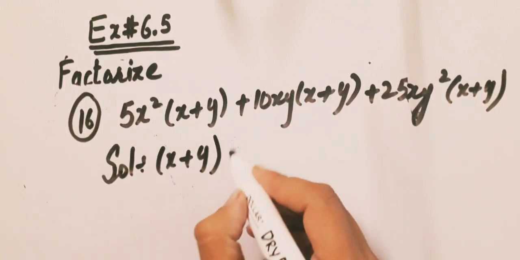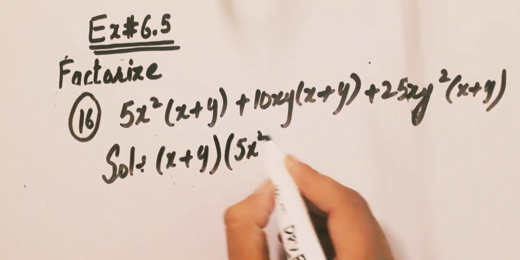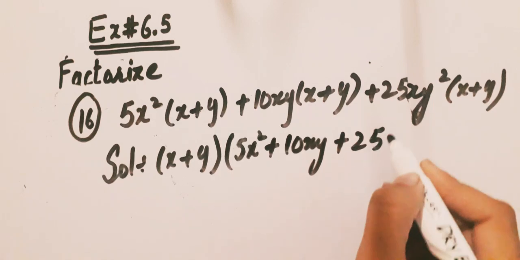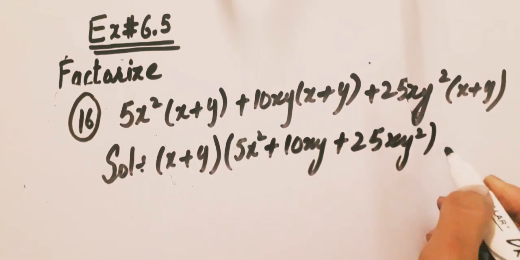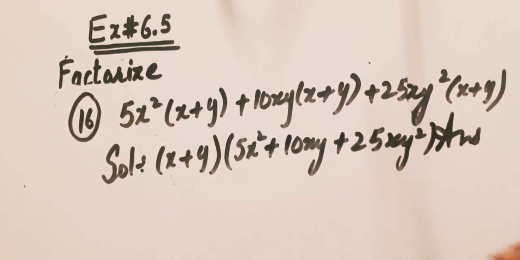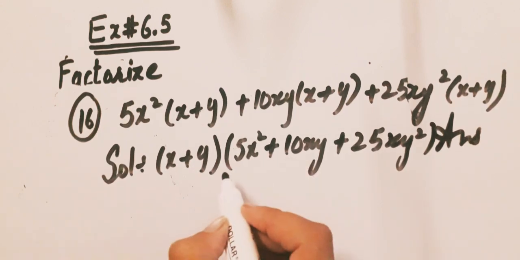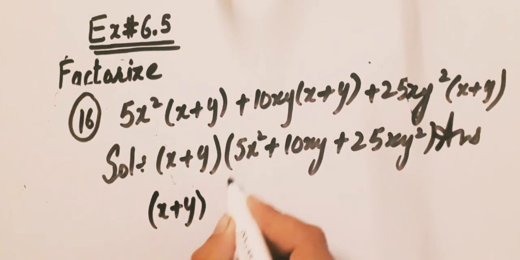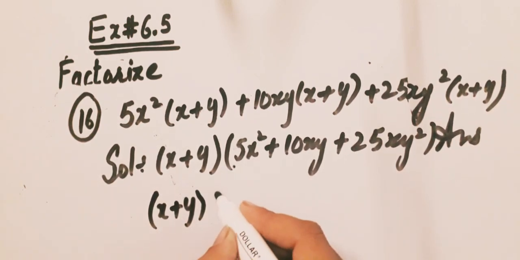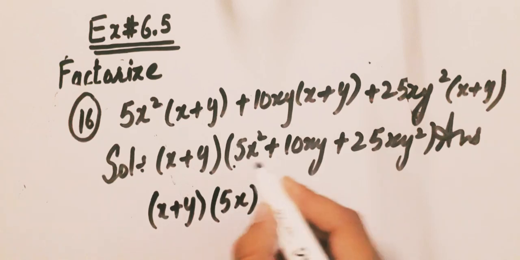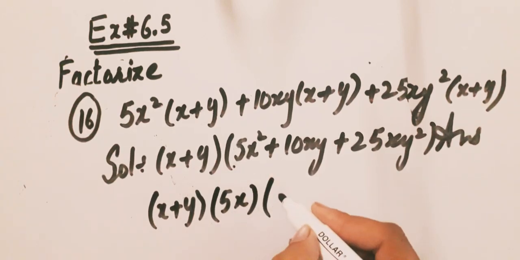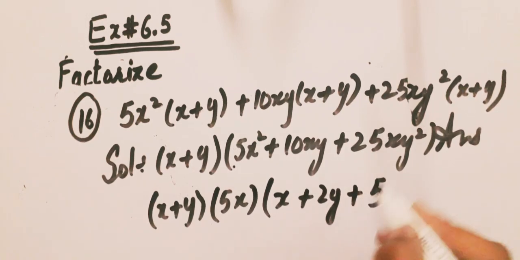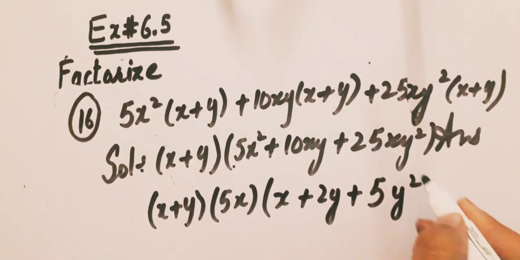So remaining is 5x square plus 10xy plus 25xy square. So this is the answer. If you want to further solve it, you can take 5x common and remaining is x plus 2y plus 5y square.